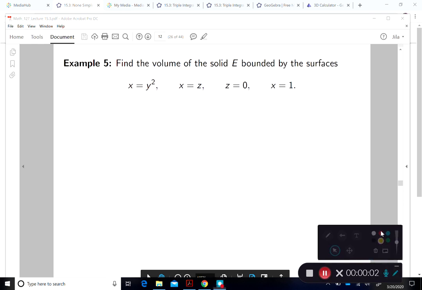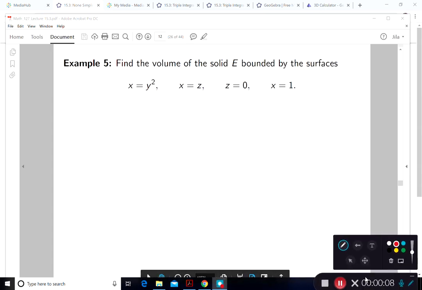So now we want to give some examples of regions, or solids, that are not necessarily simple in each direction. The question asks: find the volume of the solid bounded by the surface x equal to y squared.